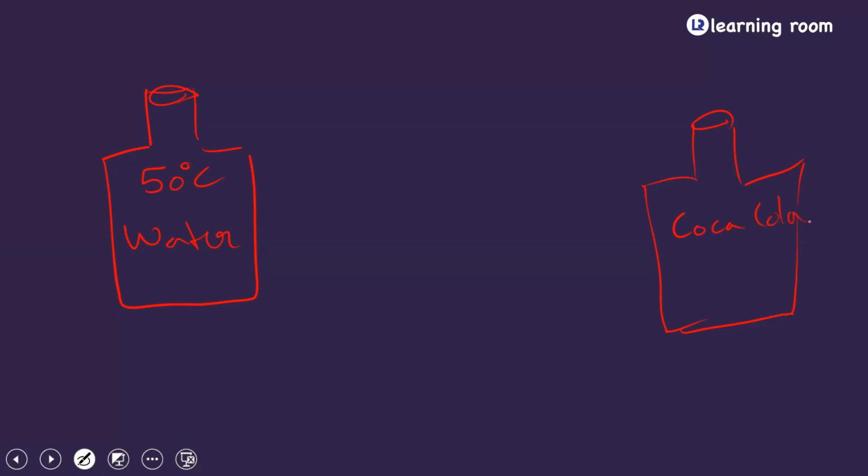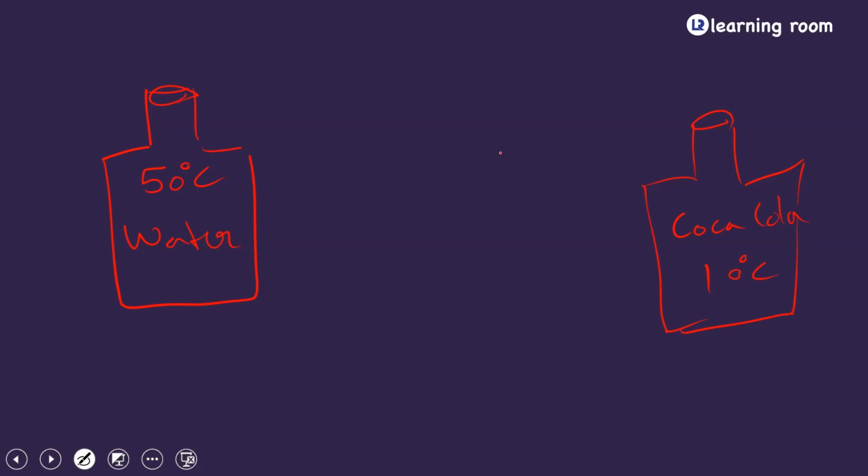Coca-Cola. Okay. Let's keep it at 20 degrees Celsius. Or actually, for the sake of mathematics, 10 degrees Celsius. Which one is colder here? Coca-Cola is colder. Water is hotter.